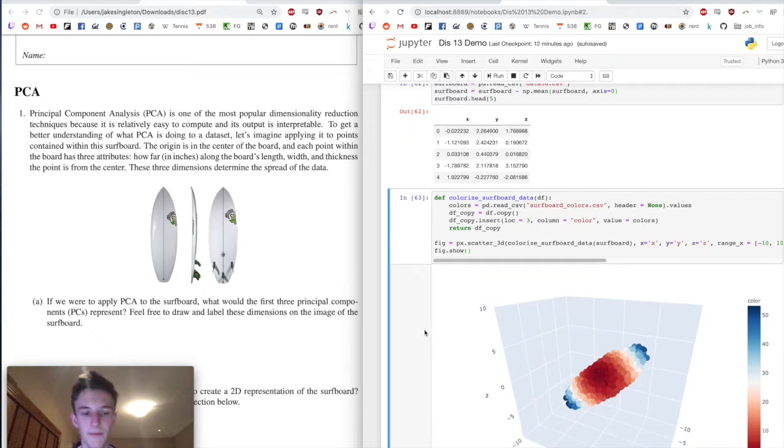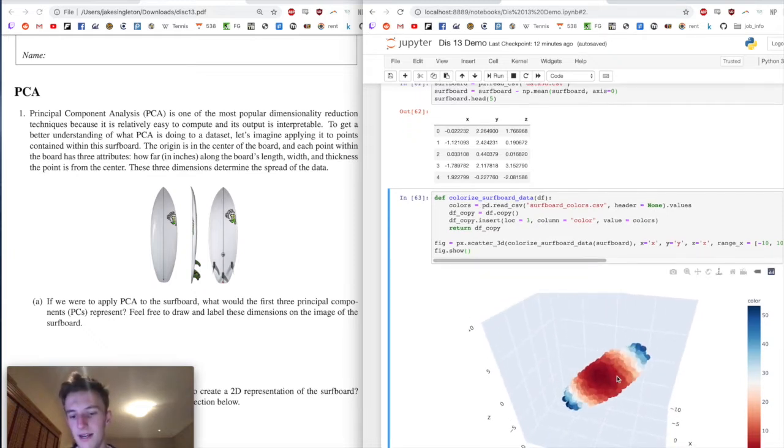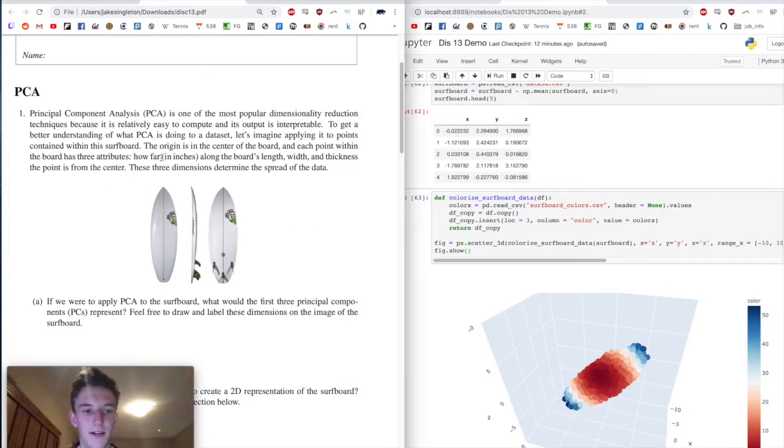Part A is saying, given this data on the surfboard, what would the first 3 principal components be? Our choices are how far in inches along the board's length, width, and thickness.